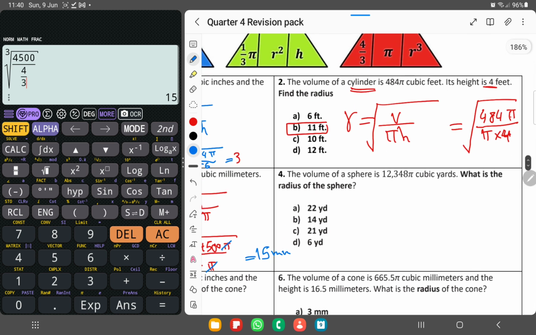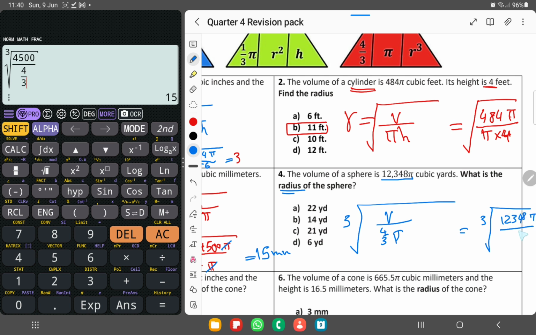Very good. The same idea here. The volume of the sphere is this one, and you want to find the radius. Cubic root of volume over 4 over 3 pi equals the cubic root of, what is the volume? 1, 2, 3, 4, 8 pi over 4 over 3 pi.